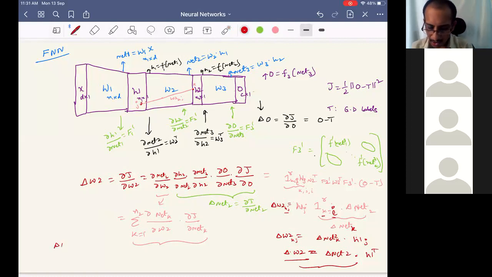Because how you get net 2 is nothing but W2 into H1. H1 is N1 cross 1, and net 2 is N2 cross 1. This is N2 cross N1, correct?